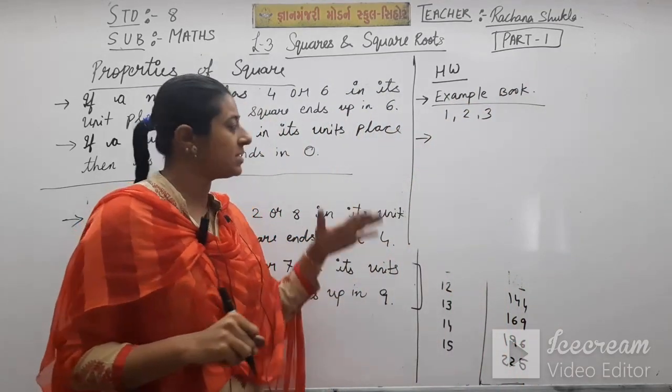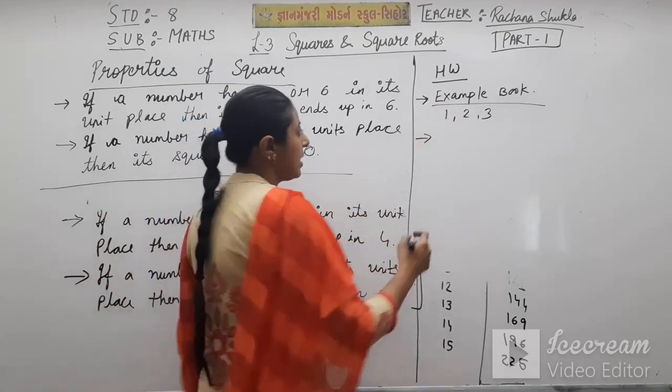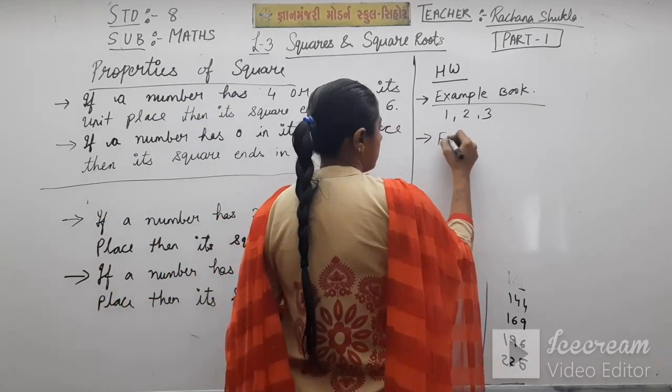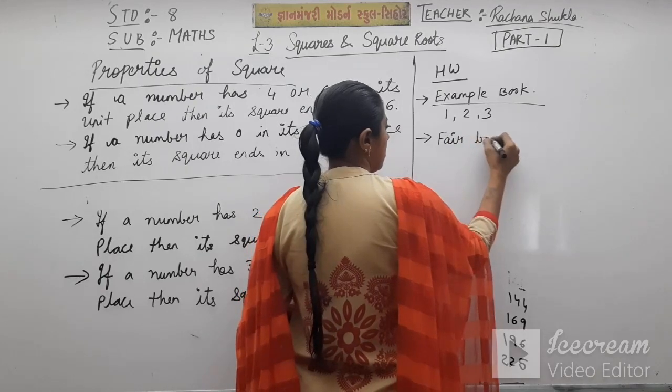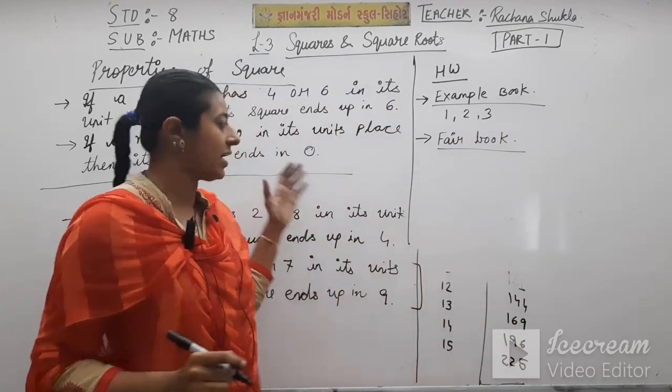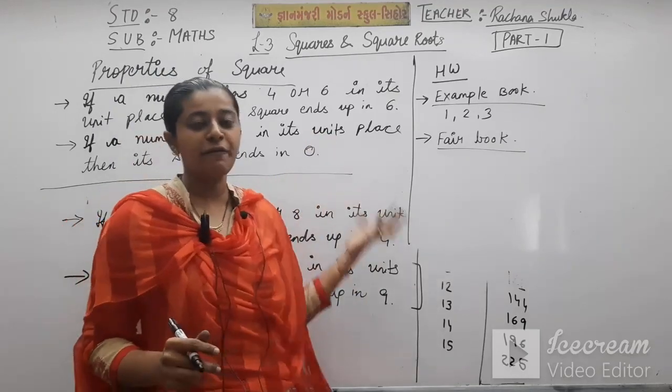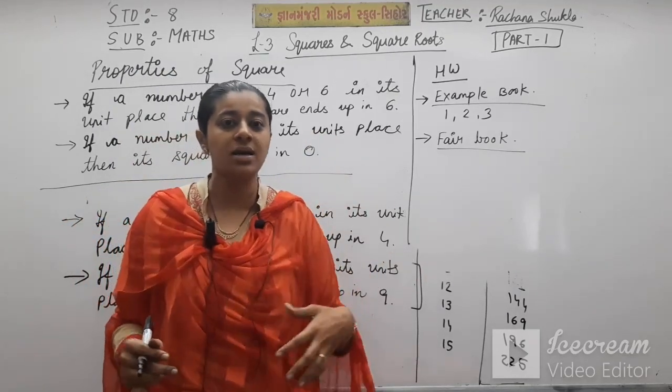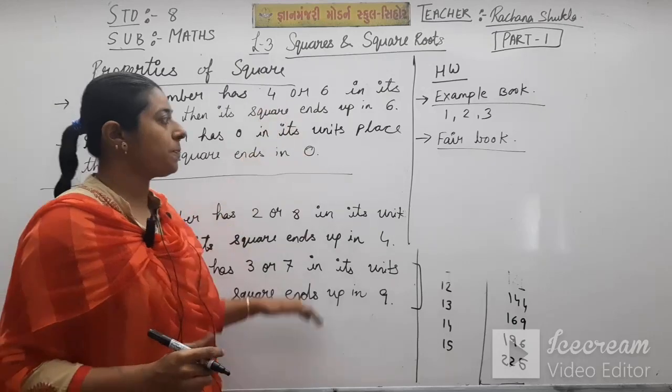All 3 examples you will complete in the example book and fair book. In the fair book you will write all the things that I have written here, that is the definitions, the introduction part, the examples, and also the 2 properties.